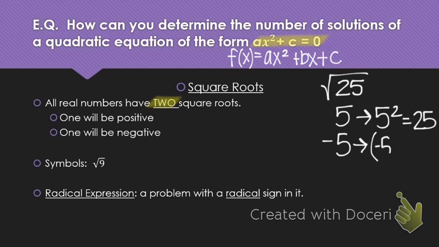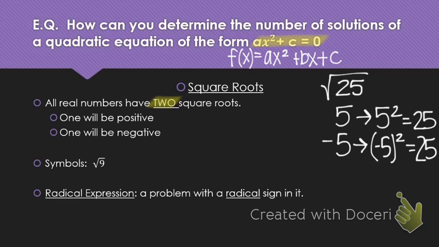If I take negative 5 and I square it, notice I put the negative in parentheses because this is negative 5 times negative 5. What does that equal? Not negative 25. Positive. A negative times a negative is a positive. So once again, we get a positive 25. So this is why all real numbers actually have two square roots, a positive and a negative.